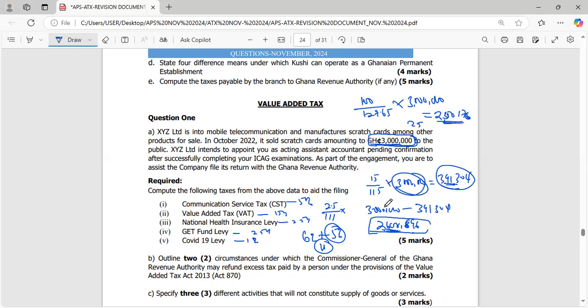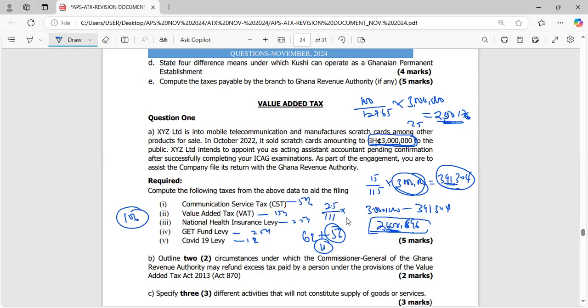That's cool. So if there is no communication service tax, it means that the base will be what? It will be 106. Is that not it? Yes, using the first method that our senior is proposing. If there's no communication service tax, the base will be 106. So after you calculate your VAT, 15% over 115 multiplied by the 3 million, you get this value 2,608,696.